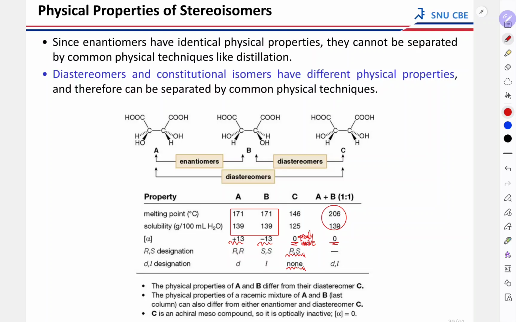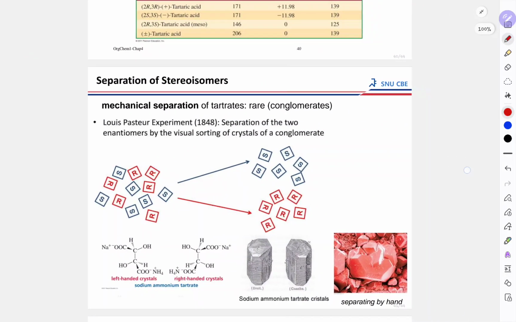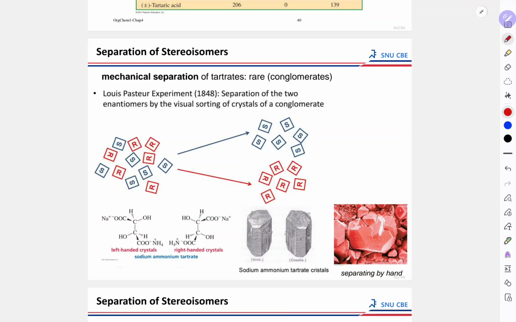How can you separate stereoisomers? Let's say you have enantiomers in a mixture and you want to separate them. There are some ways. The primitive way is the mechanical separation of tartrate. This is one example of how you can separate mechanically.